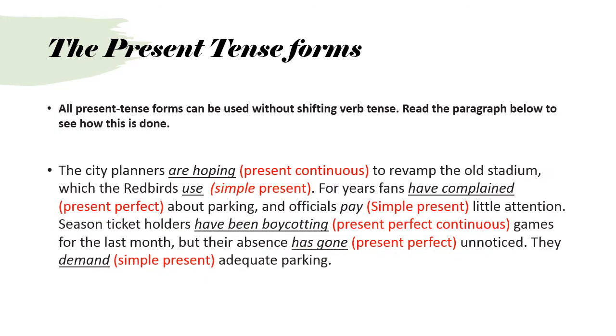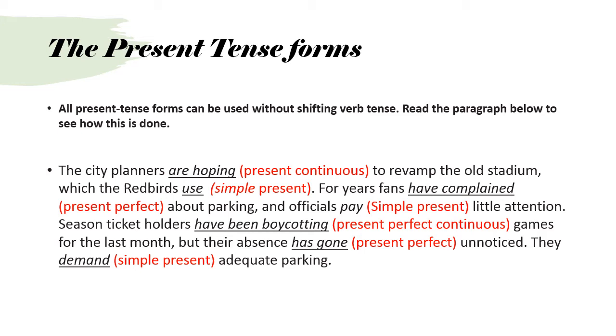The city planners are hoping to revamp the old stadium, which the Redbirds use. For years, fans have complained about parking, and officials pay little attention. Season ticket holders have been boycotting games for the last month, but their absence has gone unnoticed. They demand adequate parking.